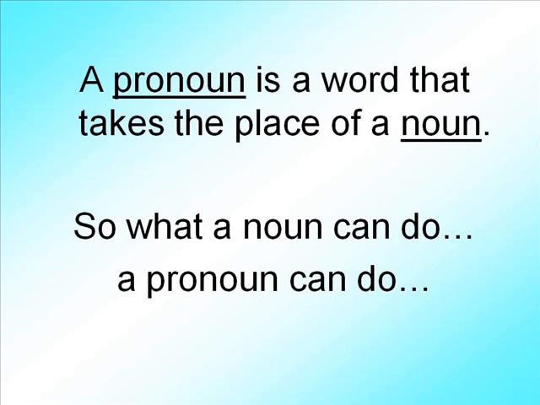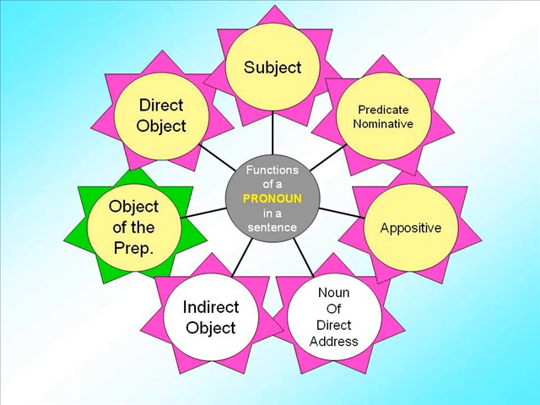Now remember, a pronoun is a word that takes the place of a noun. So what a noun can do, a pronoun can do. So just like we had the noun flower, we could also have the pronoun flower.